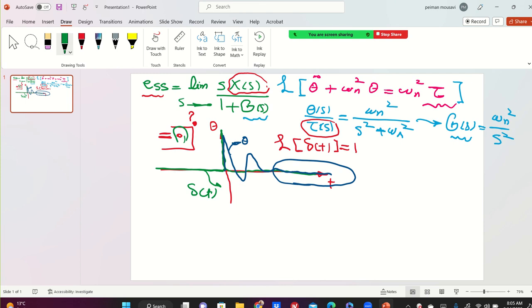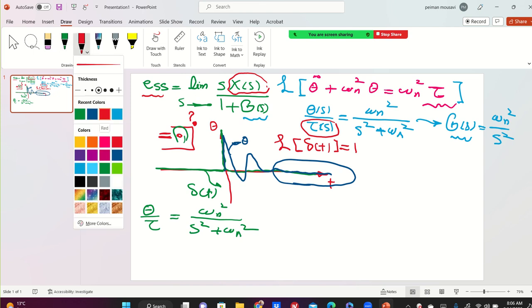Obviously no, guys. Why? Look here: theta over tau is omega n squared over s squared plus omega n squared. This is the frequency domain.